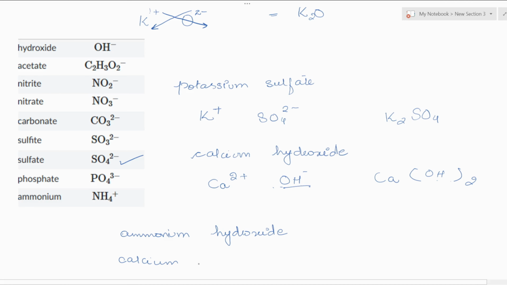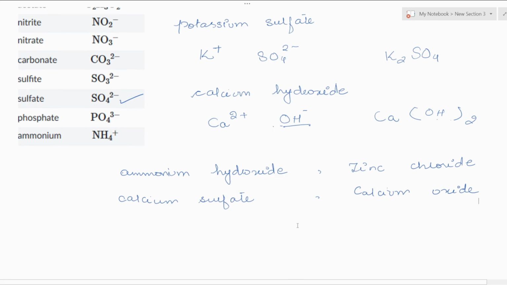One is in the table, one is in the periodic table. Zinc chloride, calcium oxide, and the fifth one is magnesium nitrate. Take 2-3 minutes and give me the answers.